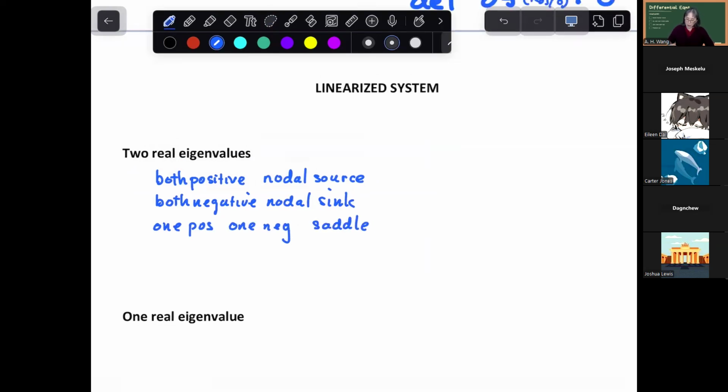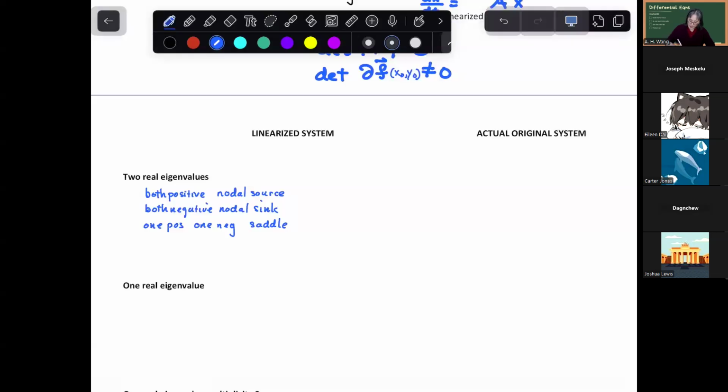Okay, but the original system, so this is all at x naught, y naught, right? So this is at the origin. But remember, we have a new origin. The new origin is x naught, y naught. So then you're going to have everything here. They're all going to look similar.